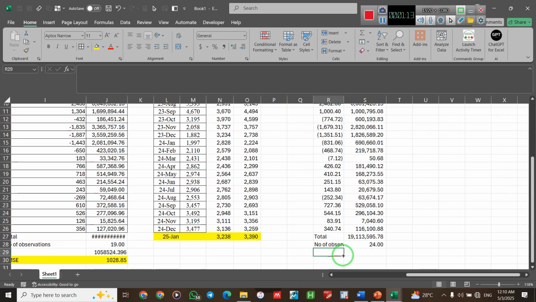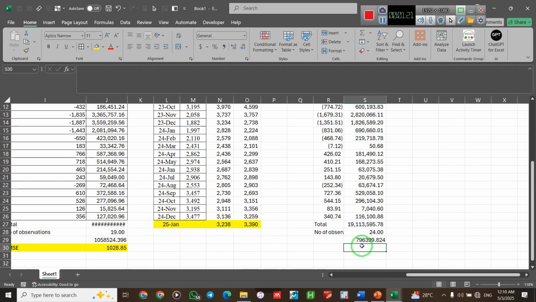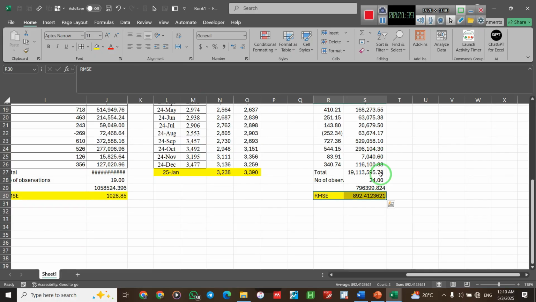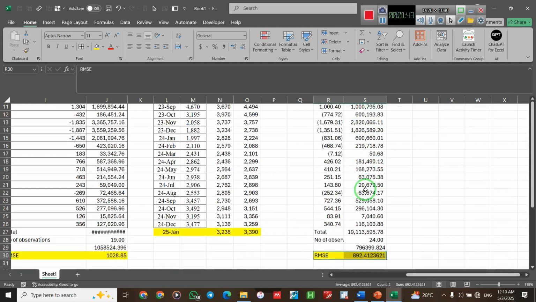So what you have to do next is you have to divide this total value by your number of observations. Then to find your RMSE you have to take the square root of this value. So you can come up with the RMSE value at 0.3 weight, right? So this is your RMSE value at 0.3.